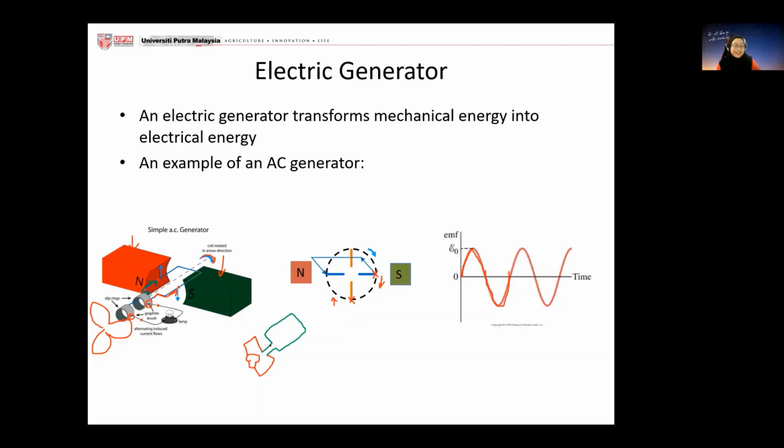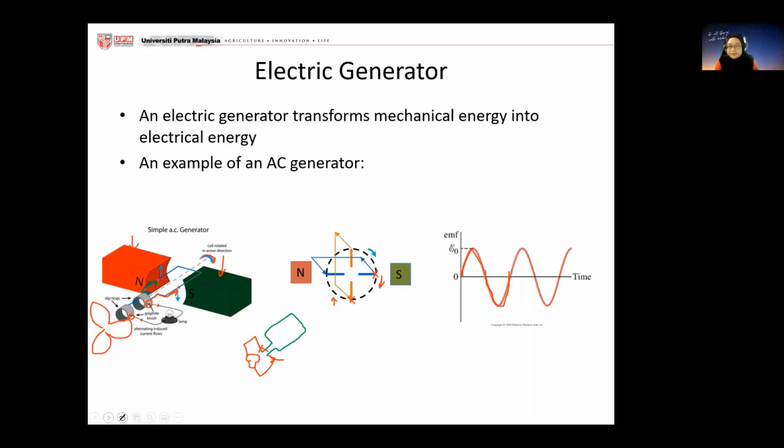If it's turning, imagine what's going to happen to the wire here. It's going to get twisted, right? So that's why you have the slip rings. The slip rings enable the turning of the coil without twisting the wire, or whatever sort of connecting line that you have.